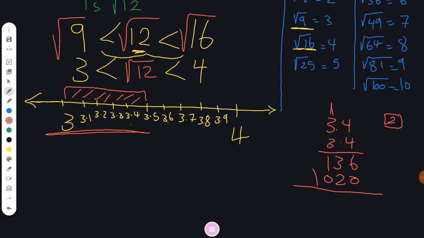The number is 11156, put the point with two places, so it's 11.56. It's very near to 12.